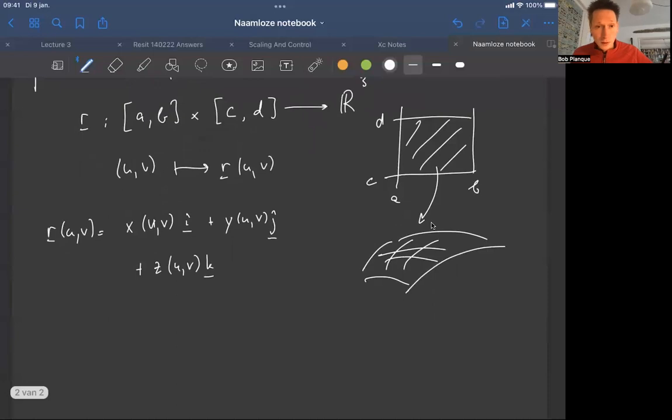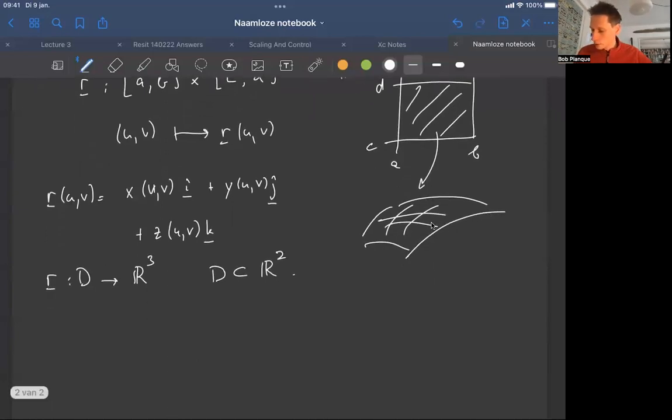This can be done for rectangular domains in R2, but we can also do it for other domains. So in general, I have a map r from some domain D in R2 to R3.